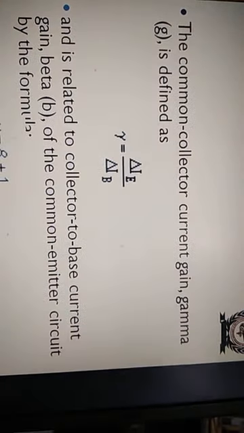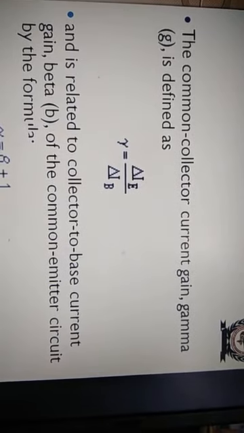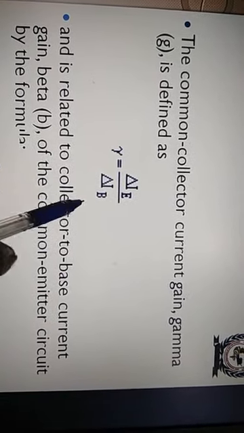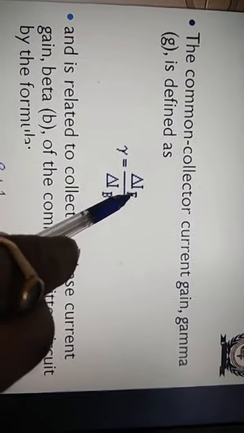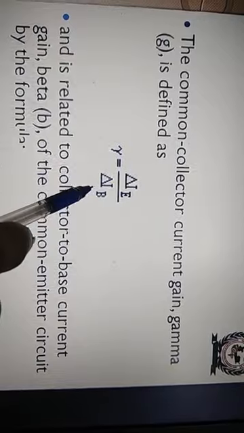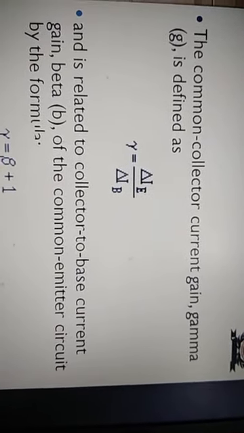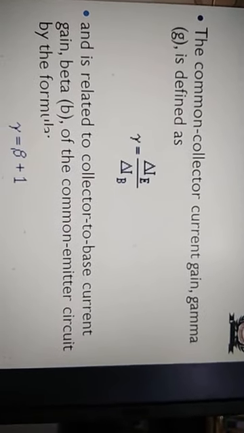The common collector current gain, gamma, is defined as gamma is equal to delta IE upon delta IB. That is change in output current upon change in input current. This is called as current gain. Alpha is the current gain in case of the common base.